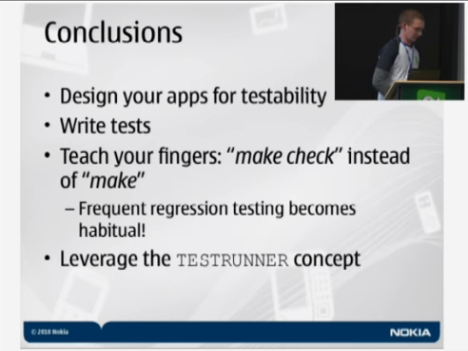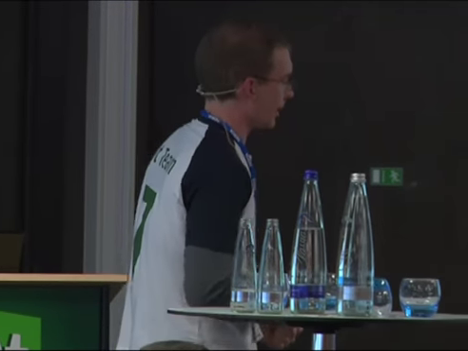So our test is pretty complete now. It would be nice if we had some more, but let's move on to conclusions. The really important thing, actually the most difficult thing, is to design your application for testability. So if you already have a large application that wasn't really designed for testability, there's no easy way to solve this problem.